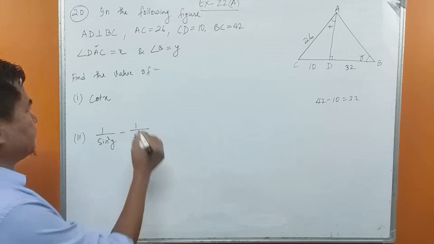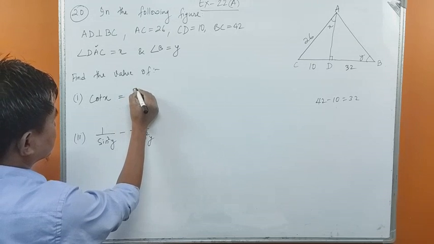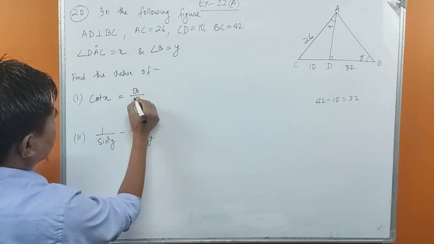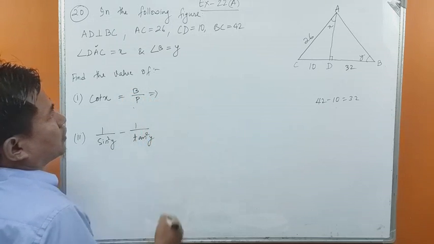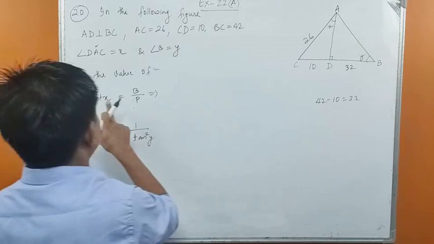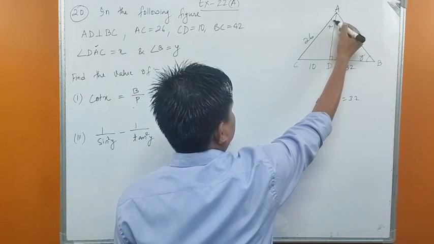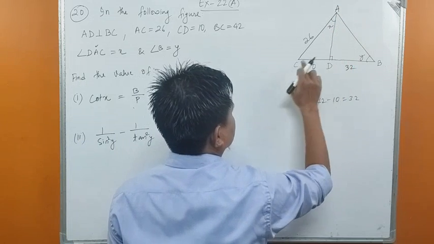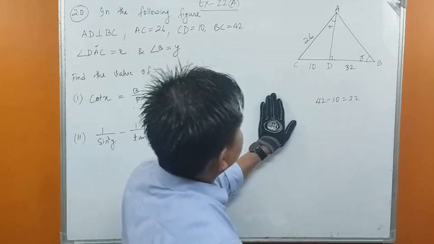Cot X means cot theta is base upon perpendicular, isn't it? But we must see this angle. Angle is X. When we talk about this angle, AD becomes base and CD becomes perpendicular. So first of all, let us find AD.